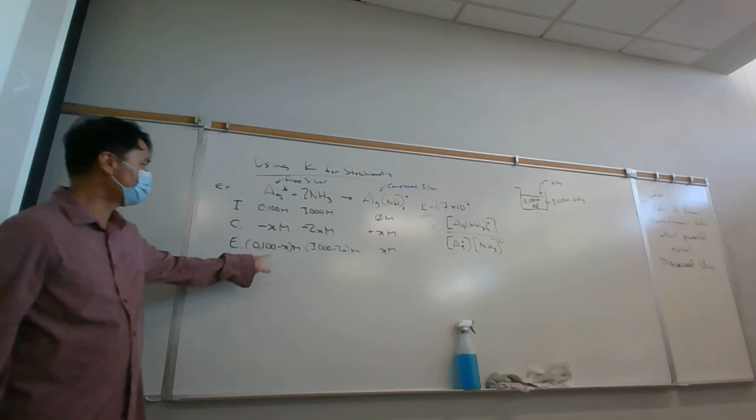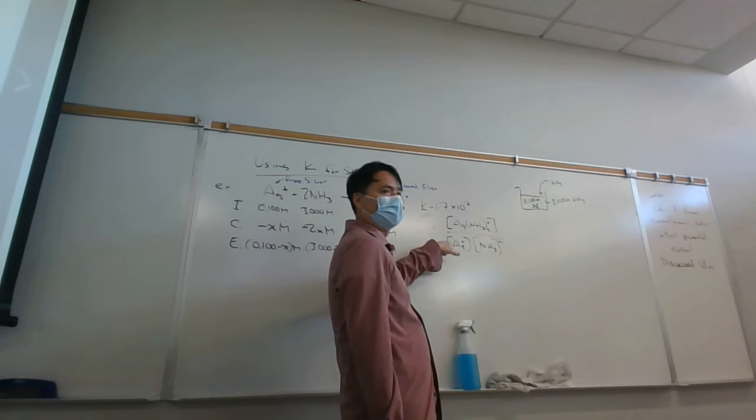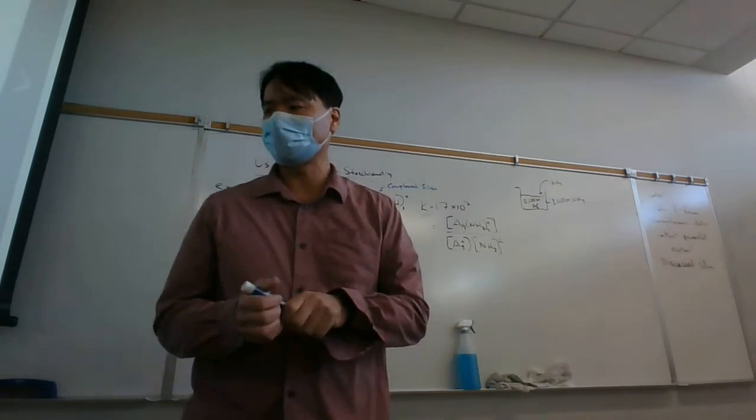The way we can do that is we'll just substitute these equilibrium concentrations into the equilibrium K expression. All these are equilibrium concentrations here, not initial. So we'll go ahead and do that calculation.